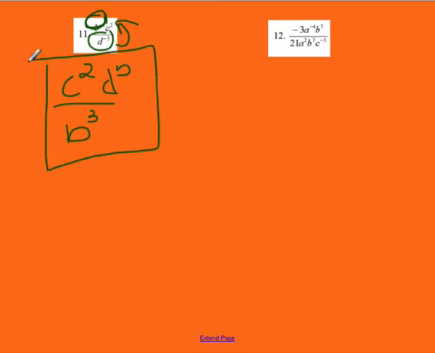That b is going to move down to the bottom because it was negative on top, so it'll be positive on the bottom. Now the d is negative on the bottom, so I'm going to flip it to the top, and that's going to make it positive. So up here I'm going to have d to the 5th. So this right here is fully simplified form. None of those letters can be combined any further.